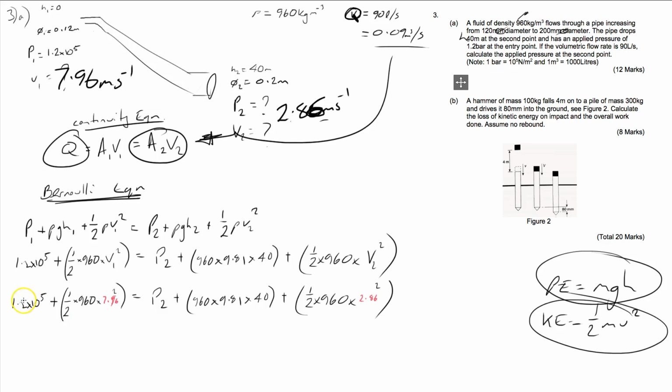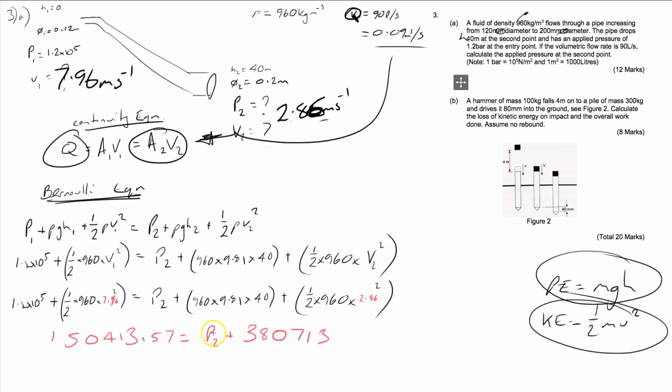So we've crunched that and we end up with 150,413.57 is equal to P2. We still don't know that. But when you resolve this bit, that comes out as 380,713.